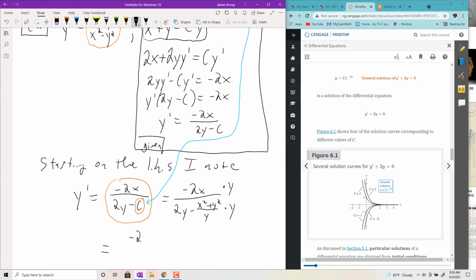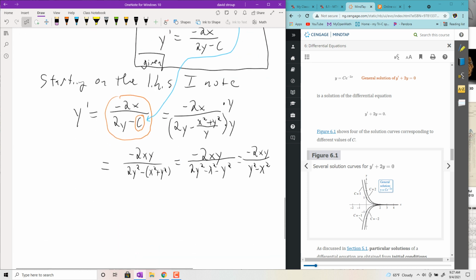So we'll have negative 2xy all over, I'm going to have to distribute here, 2y squared minus x squared plus y squared, and then I'm going to go negative 2xy all over 2y squared minus x squared minus y squared, and then I'll be negative 2xy all over, what do we get, y squared minus x squared.